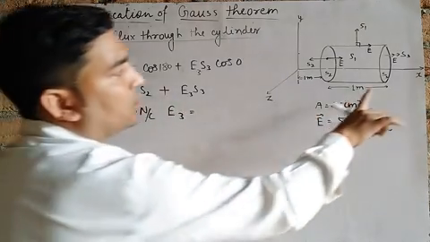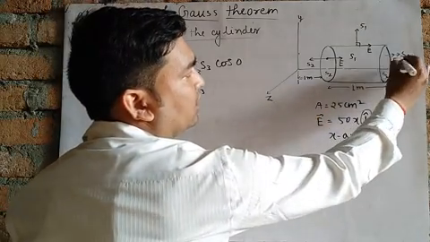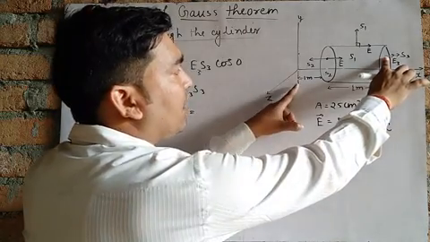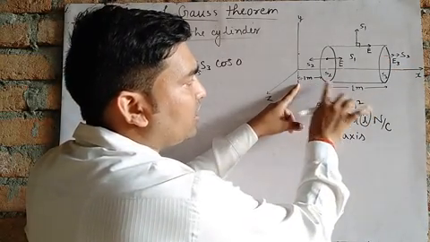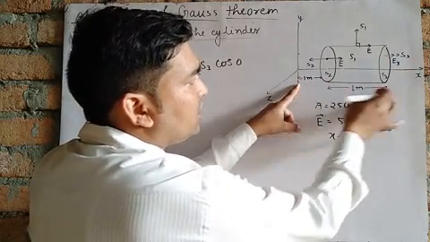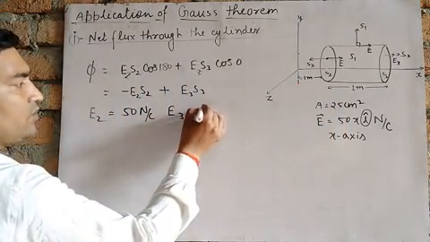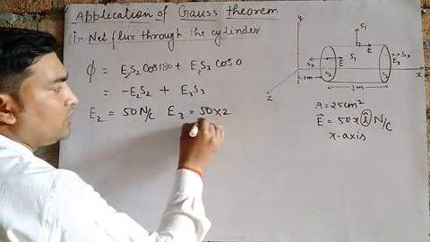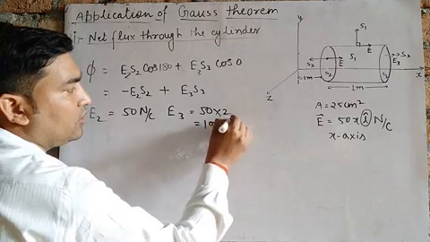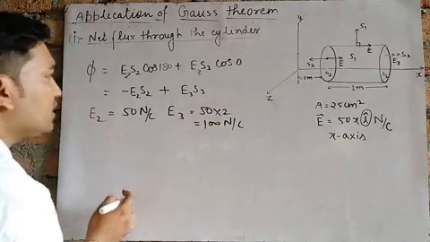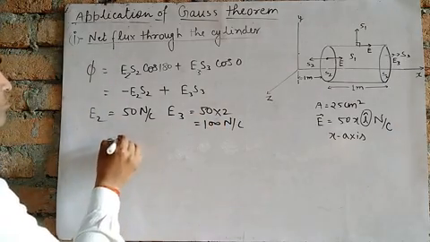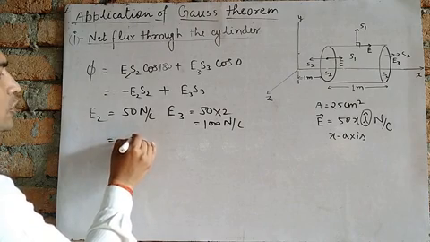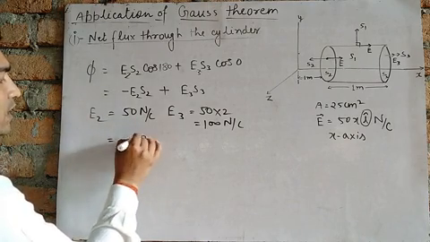equals the distance of E3. The distance of E3 from the origin is here 1 meter and 1 meter. The total distance is 2 meters. That's why this is 50 into 2. It means 100 Newton per Coulomb. By putting these values, we have minus E2. E2 equals 50.